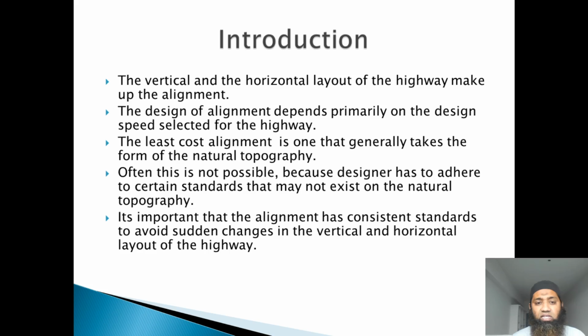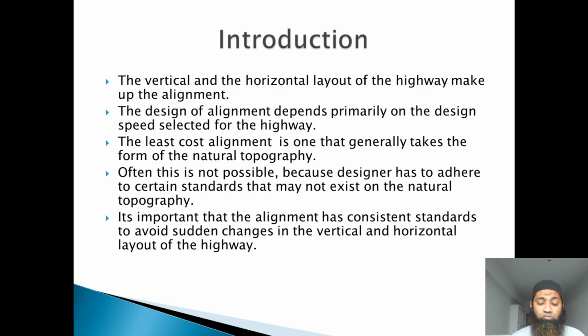You can see here, the least cost alignment is one that generally takes the form of natural topography. Most of the places it is not possible to get a plain terrain, but sometimes we get plain terrain as well as some steep slopes also. At that time we have to go for some vertical alignment, and at some places where we come across horizontal curves, we'll have to change the alignment depending on the need.